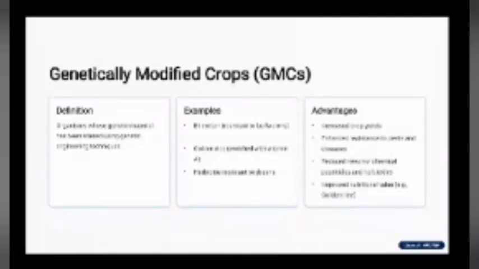In the first one, BT cotton, we are giving it resistance to bollworm. In the second instance, golden rice, we are making it enriched in vitamin A, so that when you eat it, you will have more vitamin A. And then in the third example, soya beans, we are modifying it in such a way that it will be kind of bulletproof against herbicide attack.